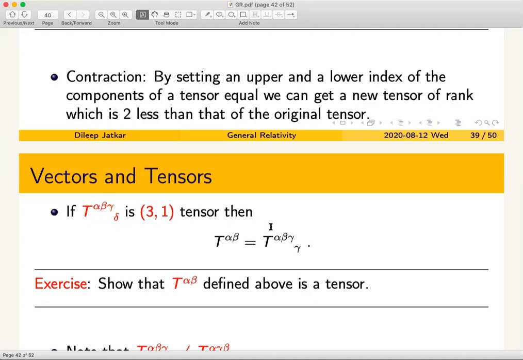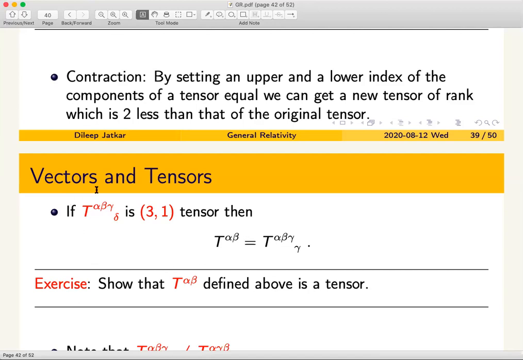So this is one way of contracting the tensor, that you set gamma and delta to be the same index. In that case, the rank of the tensor goes down because the number of irreducible indices that the tensor carries is not 4 but 2. And therefore you could happily call this tensor a second rank contravariant tensor carrying indices alpha beta.